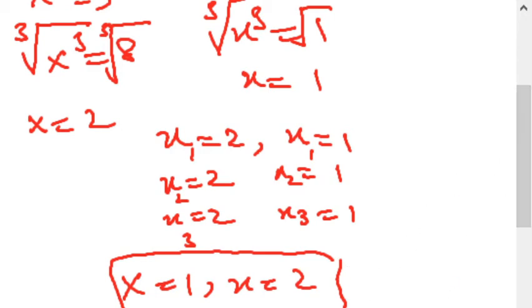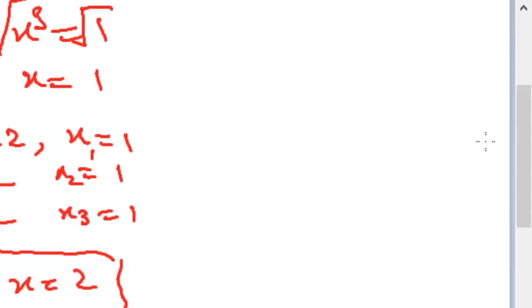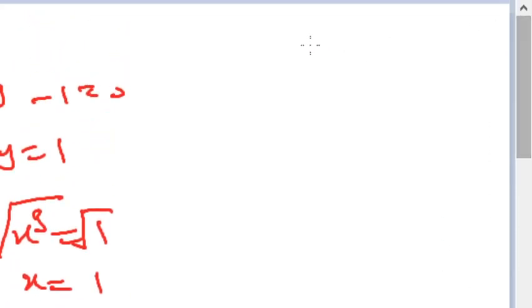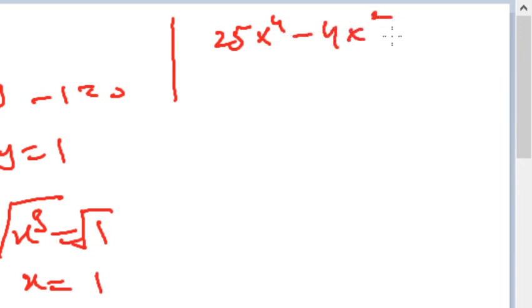Now let's do one more question. I'm doing 25 x power 4 minus 4 x power 2 equal to 0. See, there are 3 rules which we did in class 8. One was this.